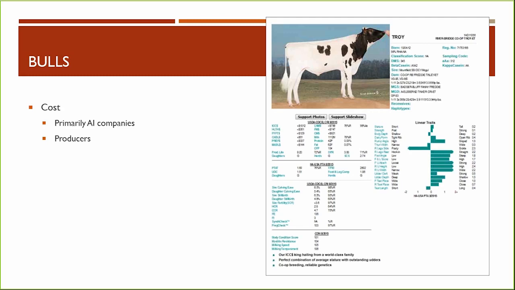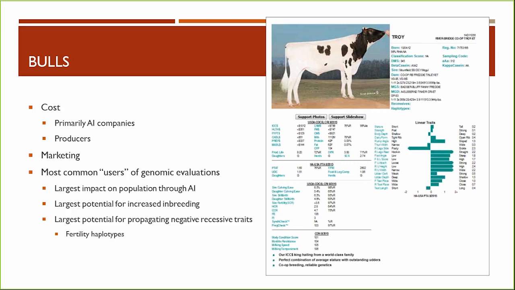The AI companies, through those popular sires, have some of the largest impacts on the population. And I am a huge proponent of keeping in mind the potential for increased inbreeding. When we select on traits, we're generally going to have increased inbreeding because we are selecting individuals that are likely more related, and they're showing these common traits because they're more related.